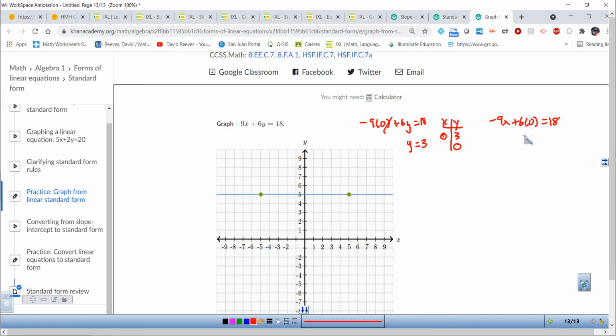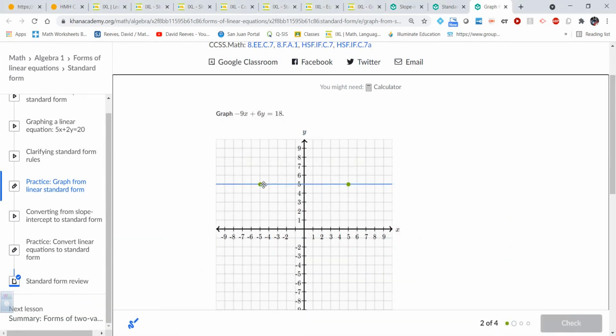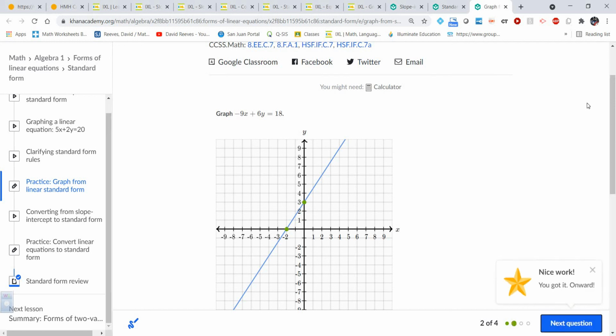When I put in 0 for y, I get negative 9x equals 18, so x is negative 2. So the x-intercept is negative 2. Those are 2 values that make that equation true. All the rest of them will be on that line.